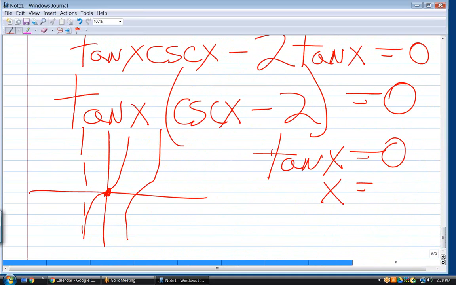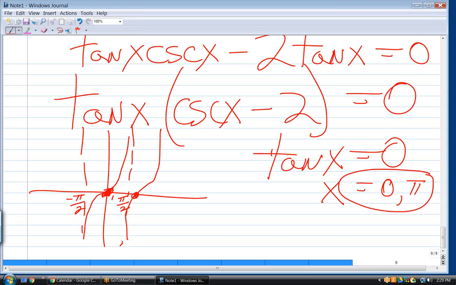The tangent of 0 is 0. The tangent curve has vertical asymptotes that occur every pi. So we have this point where the tangent of that angle is equal to 0, and we also have this point. So x is actually equal to 0 or pi. The tangent of 0 is 0. The tangent of pi is also 0. Okay. So we have at least two solutions.